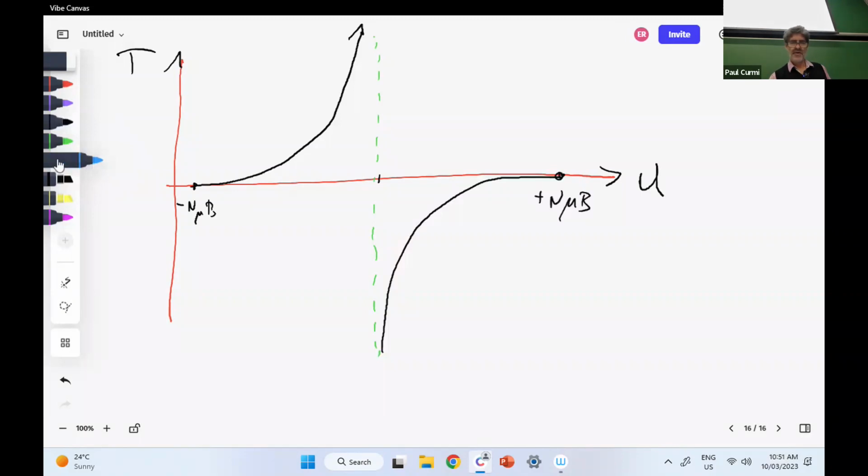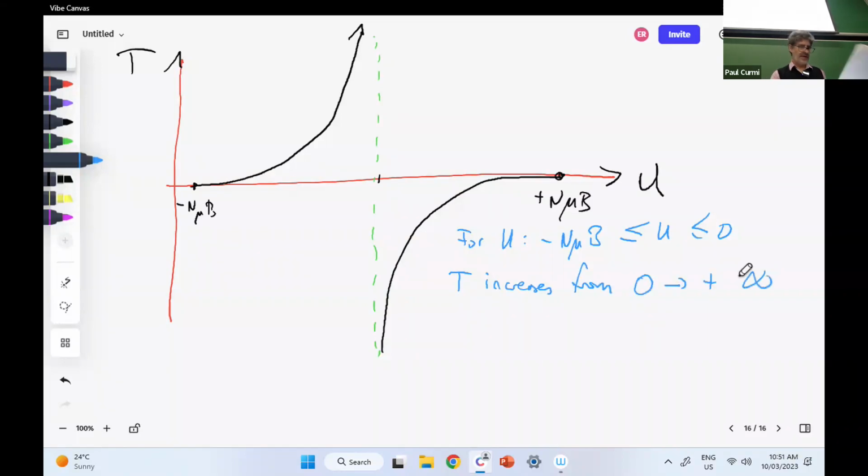So, for U such that minus N mu B is less than or equal to U is less than or equal to 0, temperature increases from 0 to plus infinity, okay? So T going to infinity is equivalent to half spins up and half spins down.